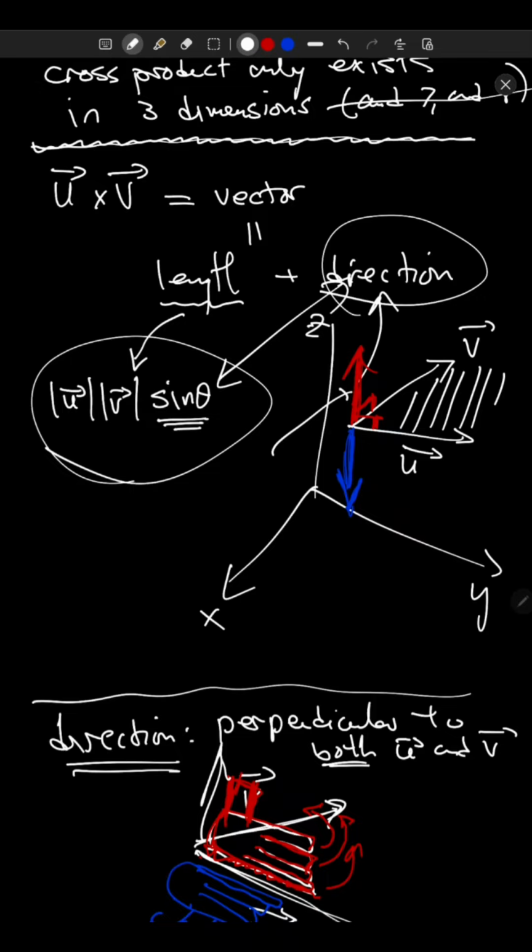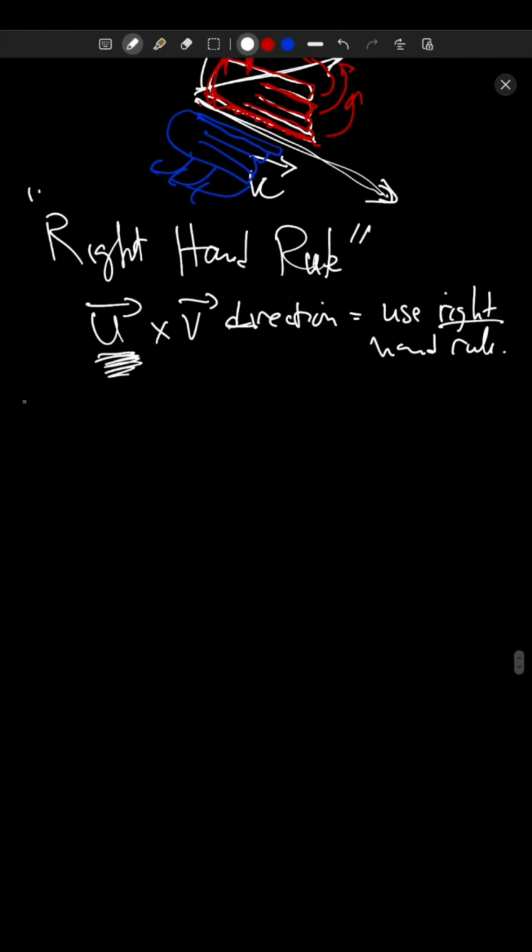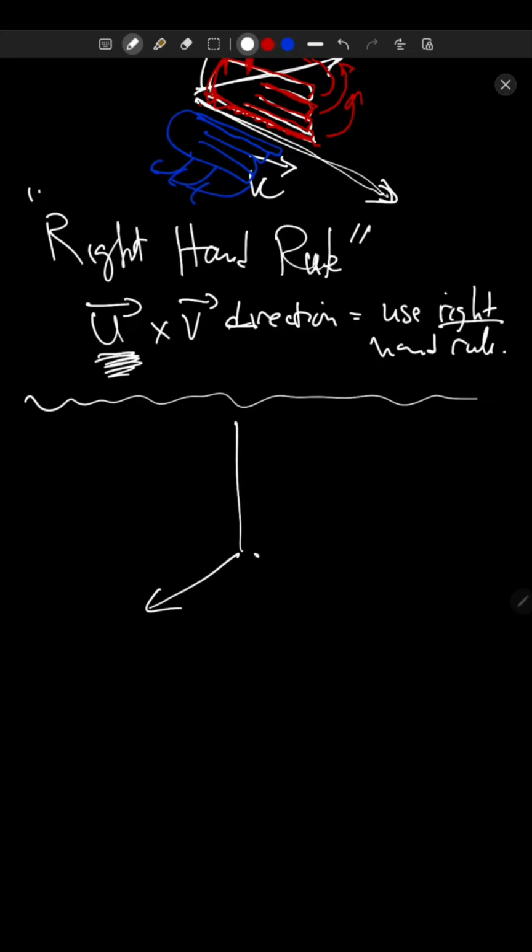Okay. All right. Let me do another example just to make sure we're all okay with this. X, Y, Z. And let me do a kind of simple example. So remember our vectors I, J, K. So this is I, and that's K. What's I cross K?